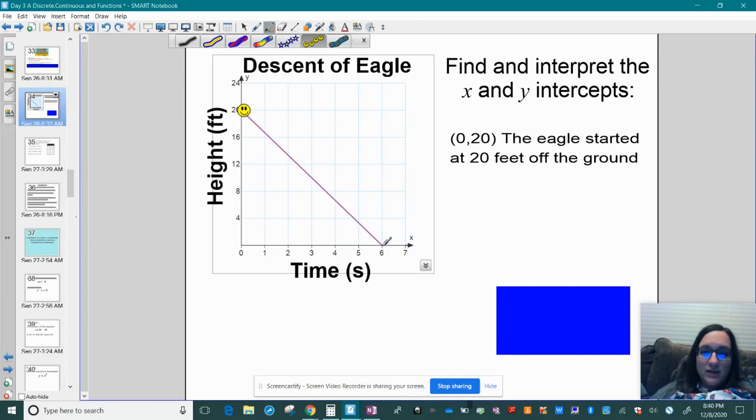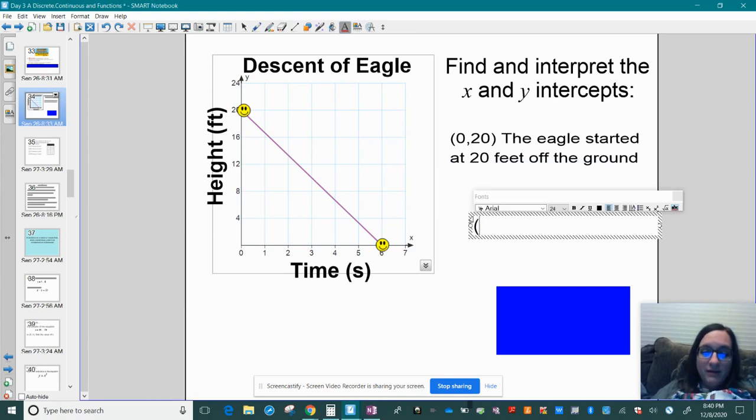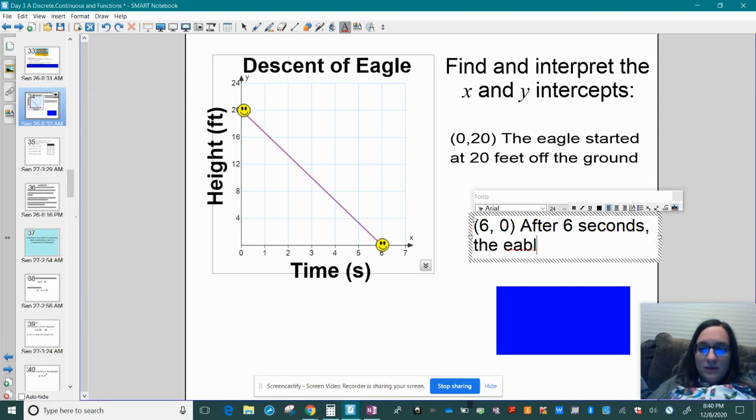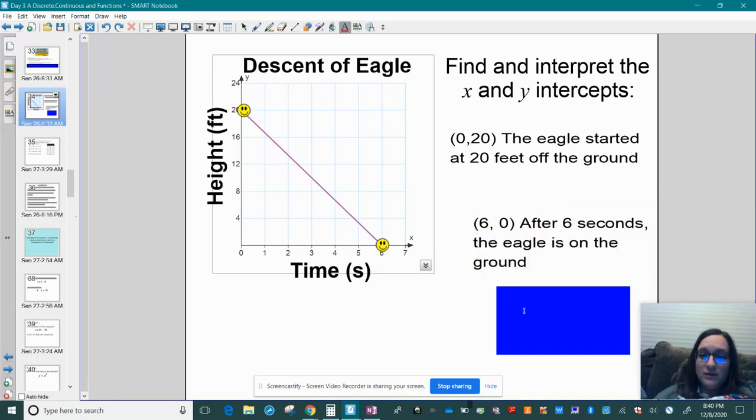Now if we're going for our x-intercept, our x-intercept would have a value for x, and y would be 0. After how many seconds? 6 seconds. The eagle is on the ground. So it dove all the way to the ground. That's where it's going.